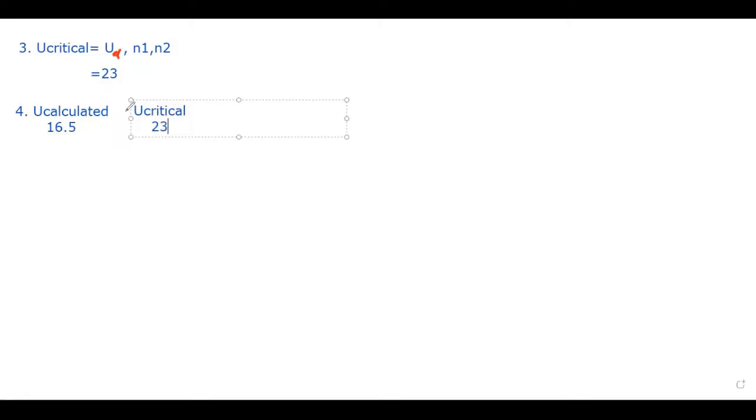So your U calculated is what? Less than U critical. And what was the rule? Looking at the decision rule for Mann-Whitney or Wilcoxon Ranksum tests, what will be the decision? The decision will be we reject H0 since U calculated is less than U critical.